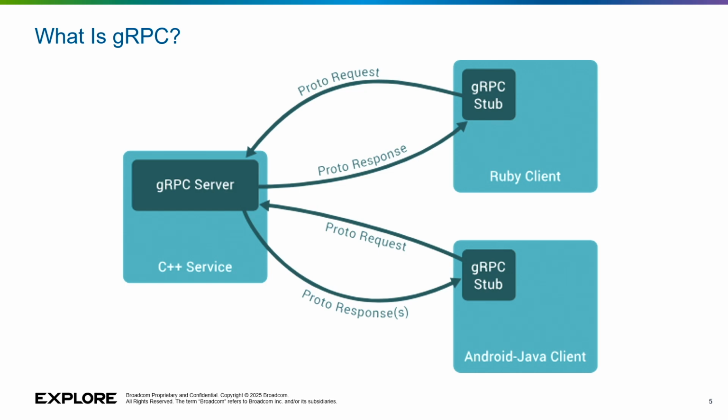And then you can see the different clients, they all communicate through a stub. So the Ruby client, for instance, the stub is obviously in Ruby, and then you have one for Java as well. And it just sends the proto requests back and forth for the request and responses.